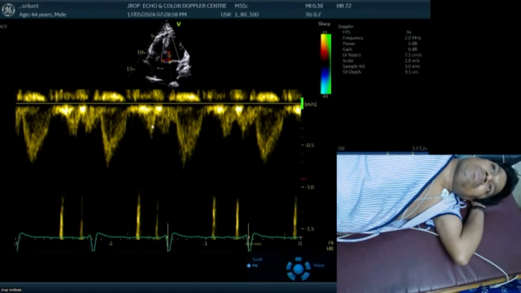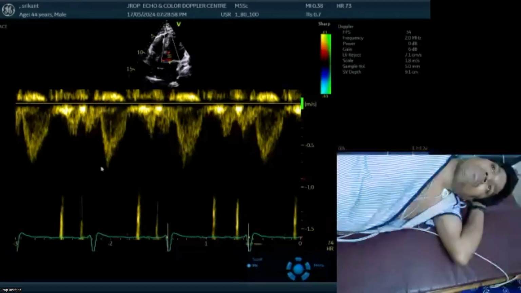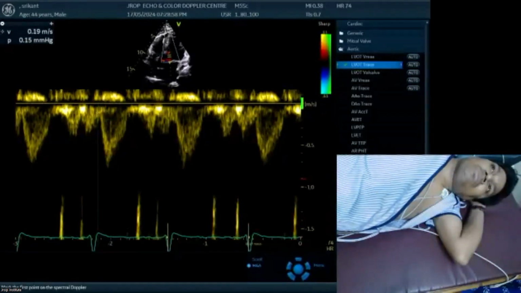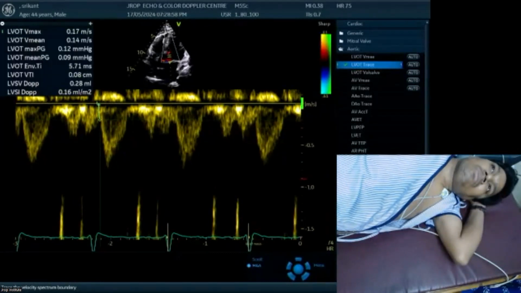This is garbage, forget about this diastolic garbage. Remember LVOT flow will be only in systole, not in diastole. So look at the QRS complex to the end of the T wave. I'm going to trace this Doppler flow pattern across the LVOT, and this will be my LVOT VTI.